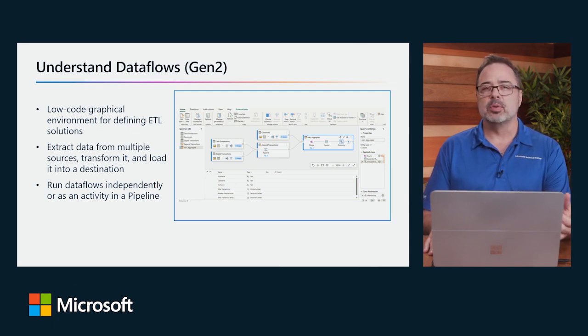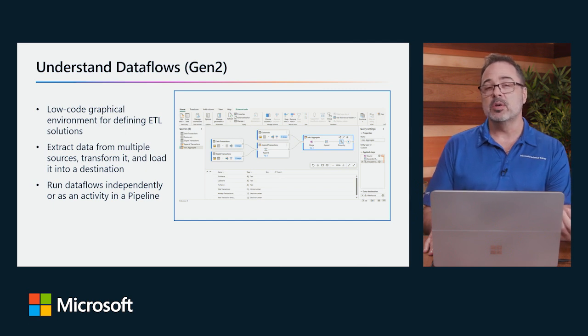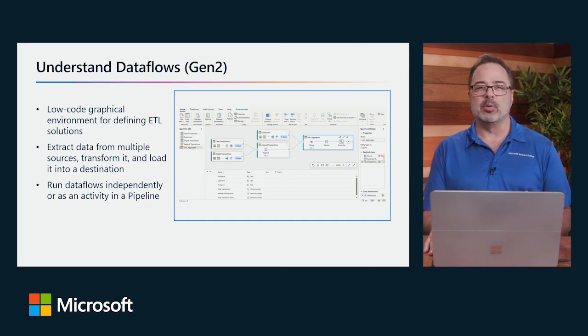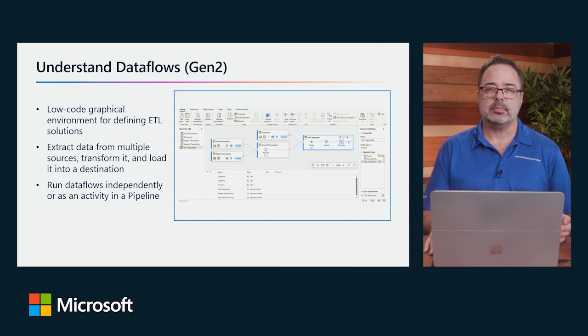This is all done through a visual interface rather than a code interface like Spark. Data flows allow you to promote reusable ETL logic that prevents the need to create more connections to your data source. Also, data flows can be run manually, on a refresh schedule, or as part of a data pipeline orchestration.